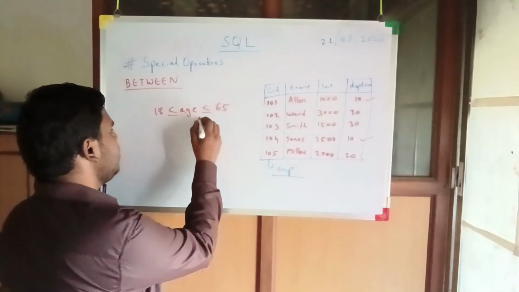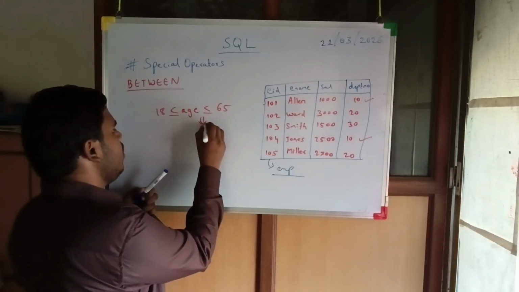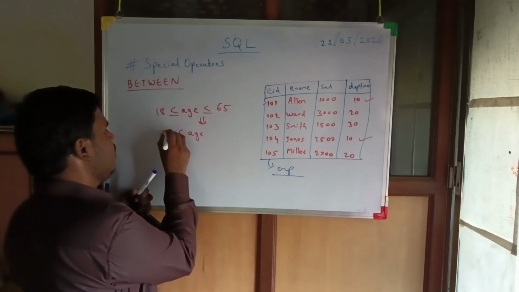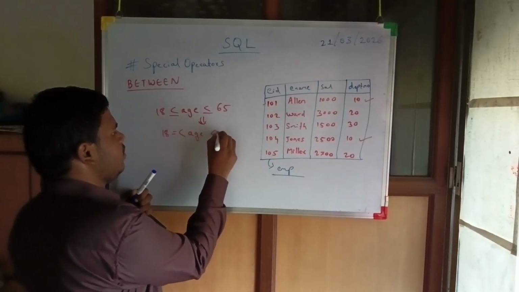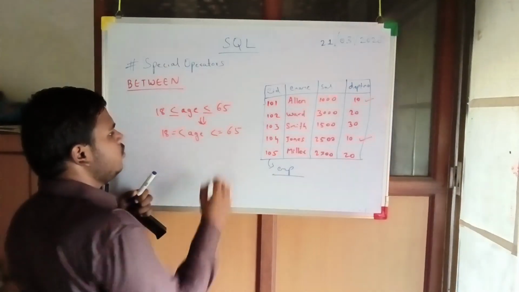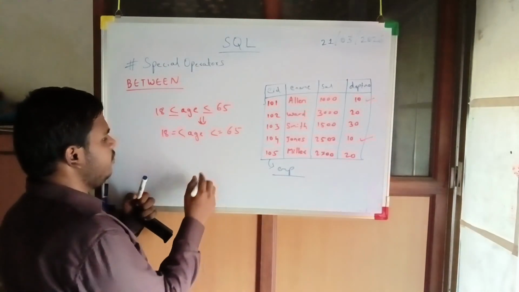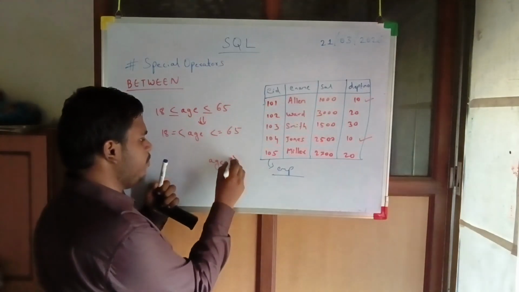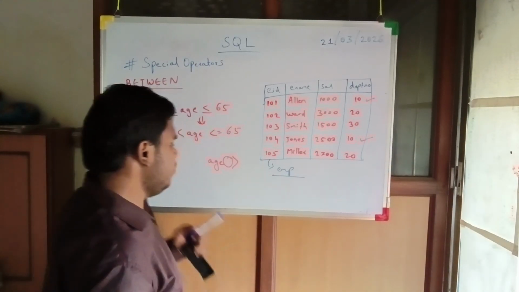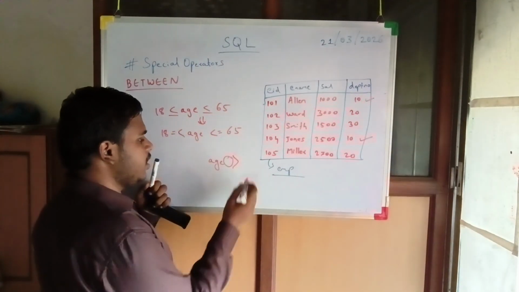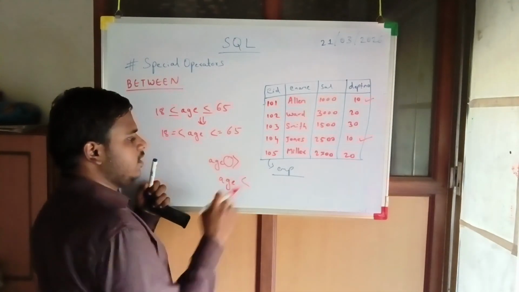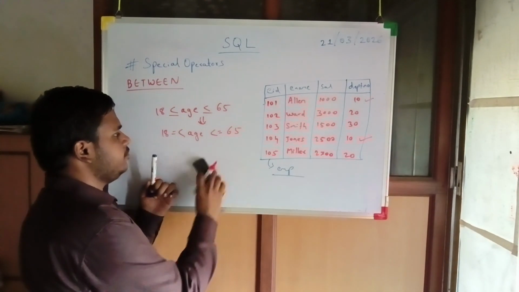For those who can't understand this, I will write it in a simple way: age greater than or equal to 18 and less than or equal to 65. For those who don't know which is greater and which is less, the side which is open is greater, and the side which is not open is lesser.